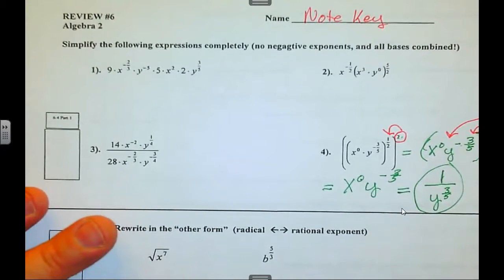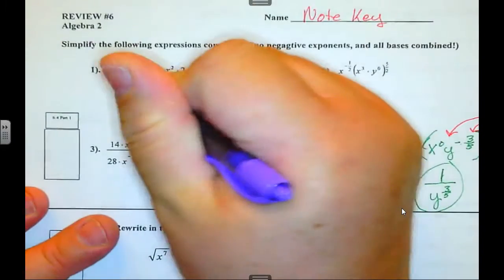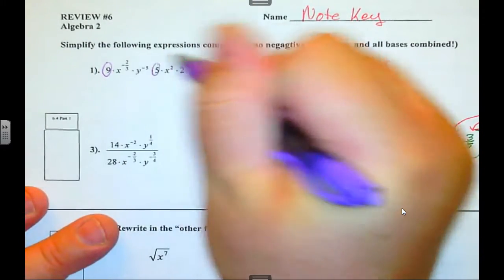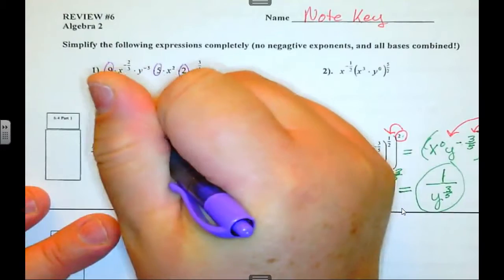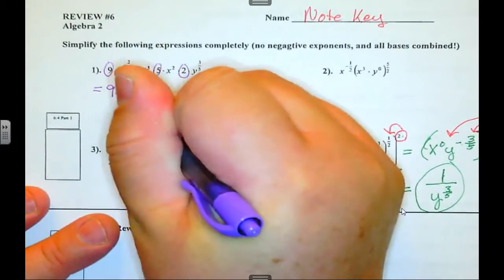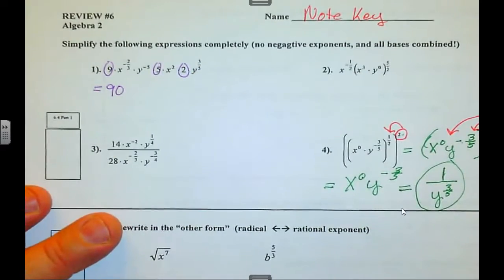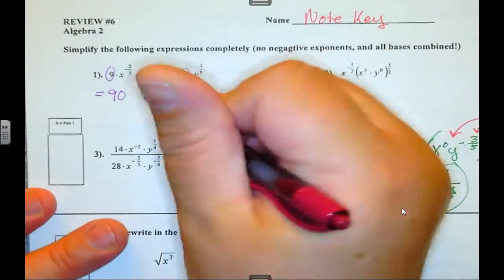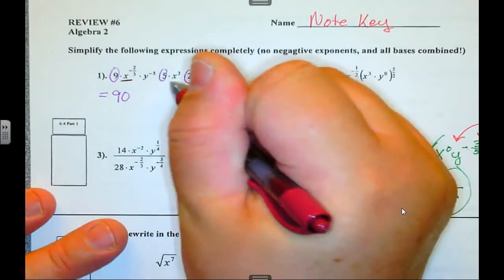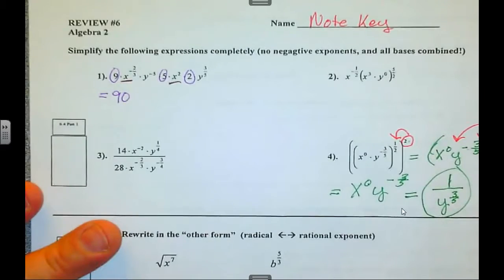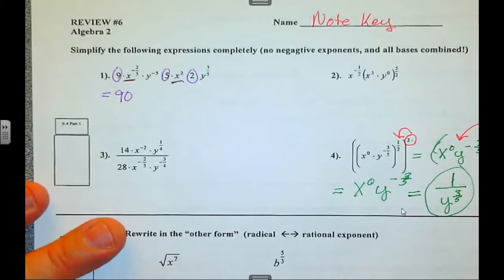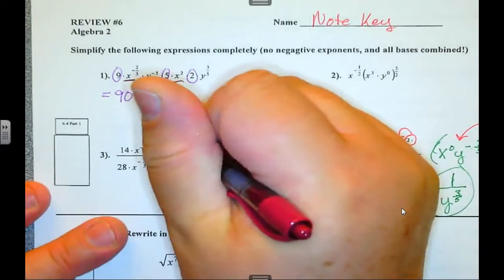Number one, I'm going to multiply my numbers. I get 90. The x's, I'm going to add the exponents, not multiply them, add them. Stop it.